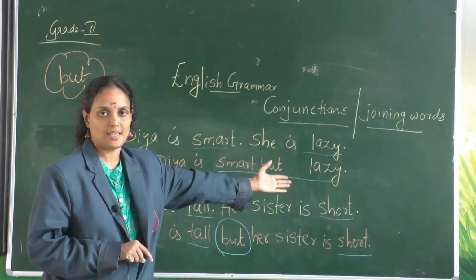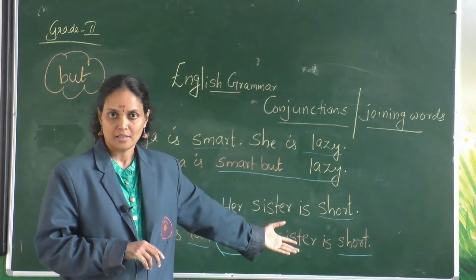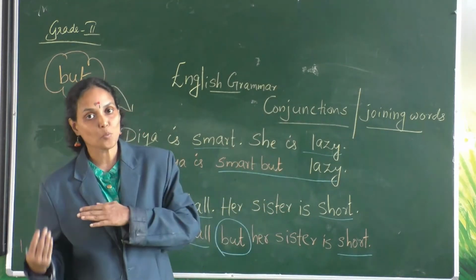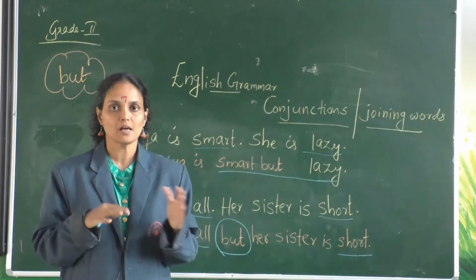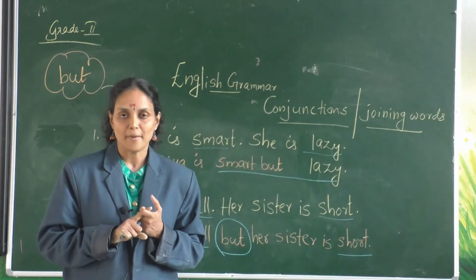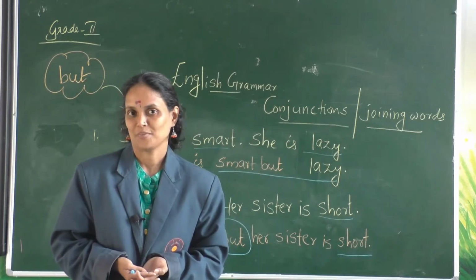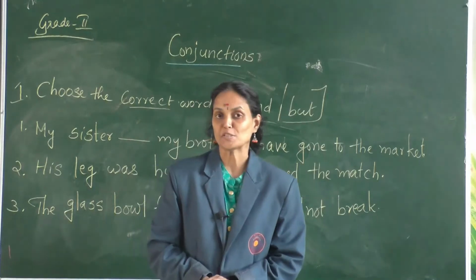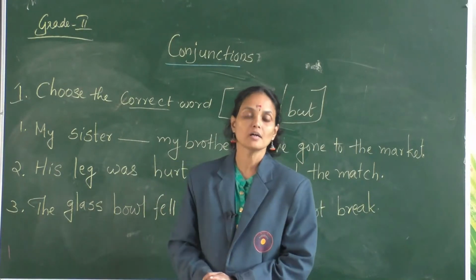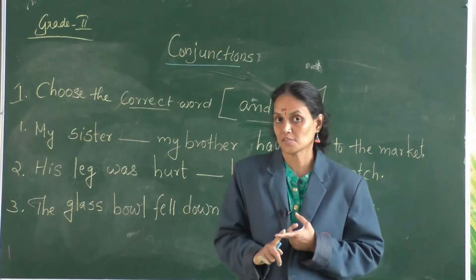Smart but lazy, tall but short, correct? Strong but weak. Okay, all these opposite words are combined using the conjunction but. Understood?